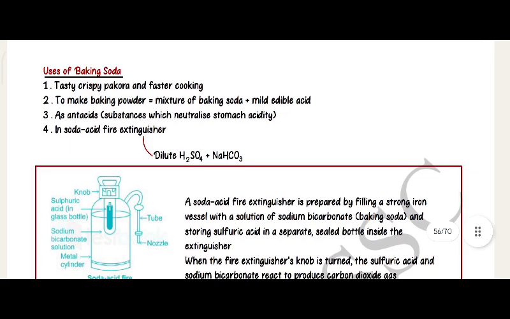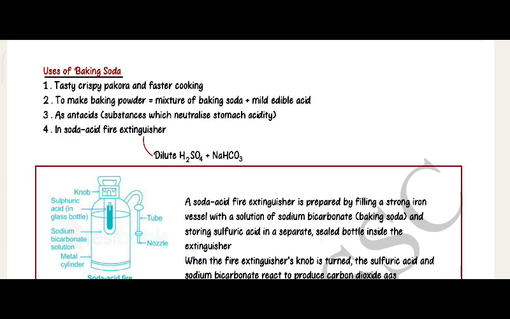Uses of baking soda: tasty, crispy pakora, and faster cooking. To make baking powder, a mixture of baking soda plus a mild edible acid. Antacid substances neutralize stomach acidity.